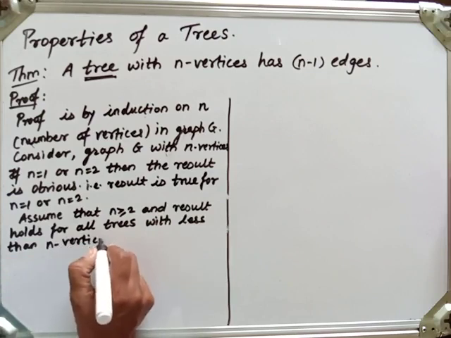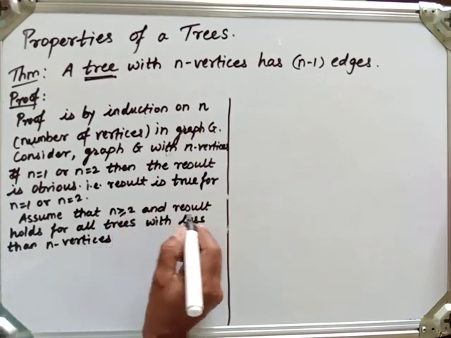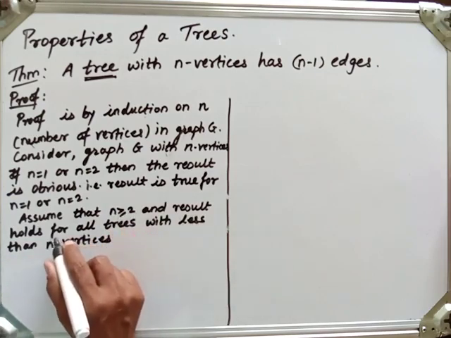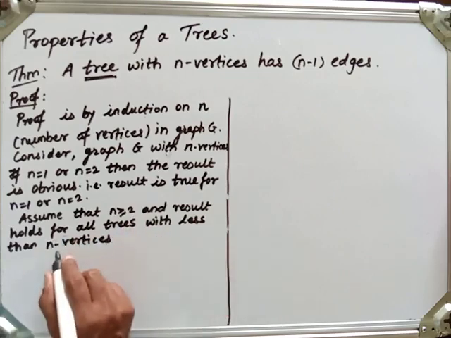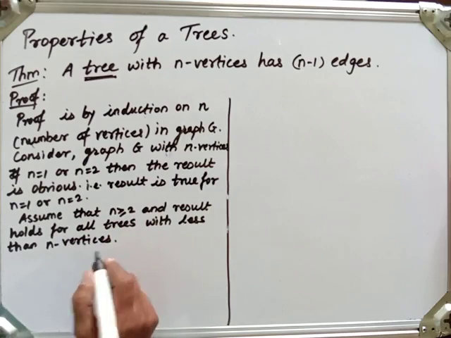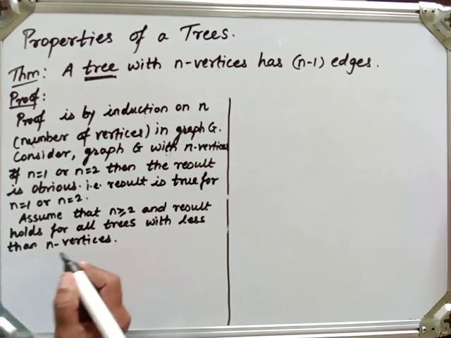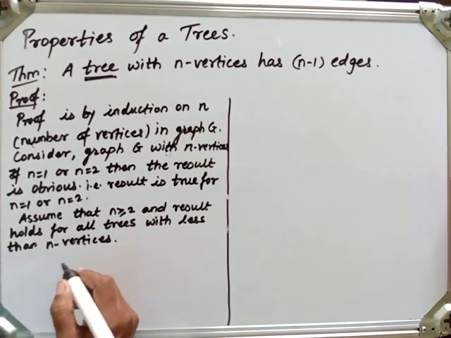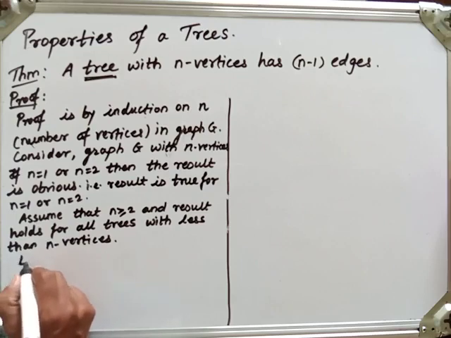We are assuming the result is true for all trees with less than n vertices, meaning up to n minus 1 vertices. Now for n vertices, we have to prove it.